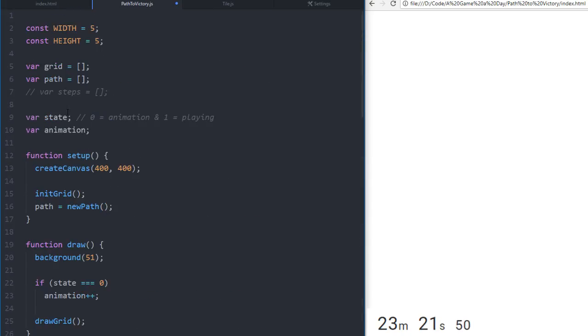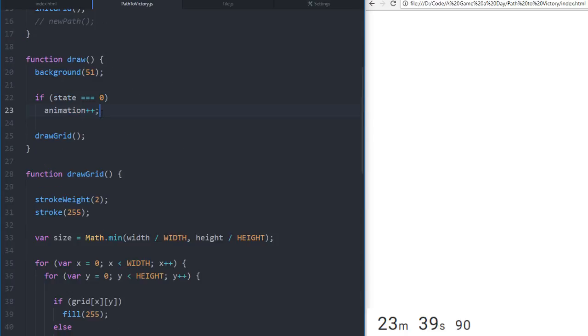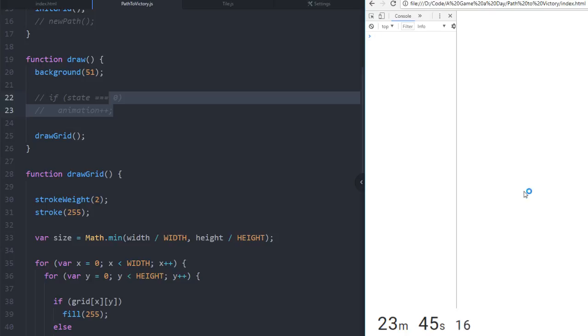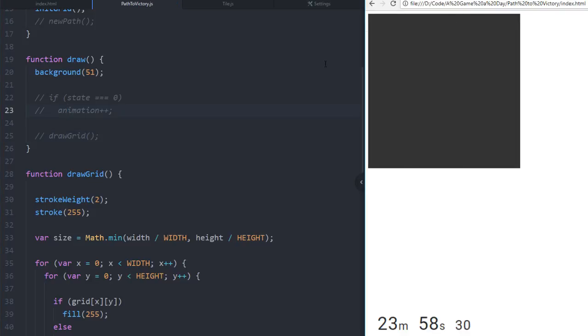Yeah, okay. We'll just say new path. It's not wanting to draw, huh? What if I get rid of that? What? Now what does this mean? Draw grid. Let's clear this up. Is it the right one? Why are we not drawing? Background 51. Maybe they're all true? Yeah, they were all true, that's why.